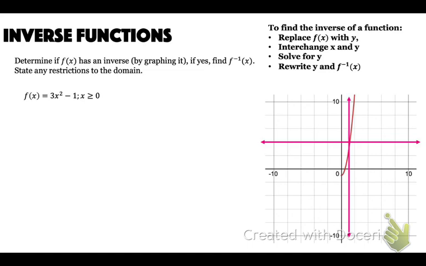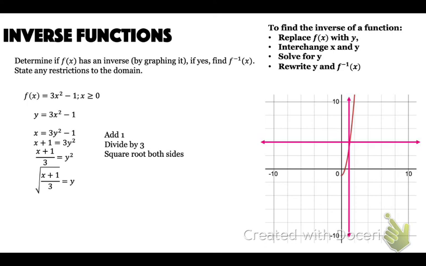So the domain is restricted. So then I'm going to find my inverse. So y equals 3x squared minus 1. Switch the x and y's. Add 1. So x plus 1 equals 3y squared. Divide by 3 and square root both sides. Now, when we square root, typically you would do a plus and a minus, right?